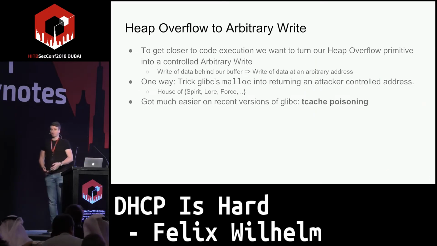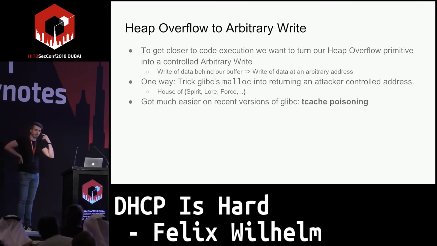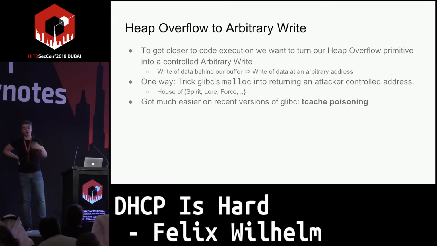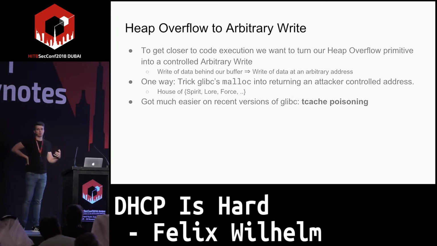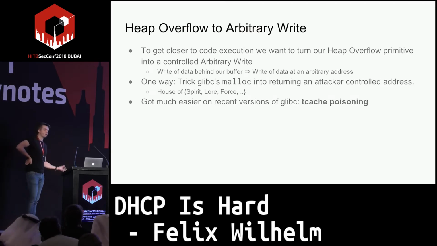So now we have a heap overflow, we have an Infoleak, and we want to get to RCE. We want to turn this heap overflow into an arbitrary write. The difference is that at the moment we can only write attacker-controlled data at the end of our buffer, or after the end of our buffer, but we want to turn it into a primitive that allows us to write attacker-controlled data at any address we choose.